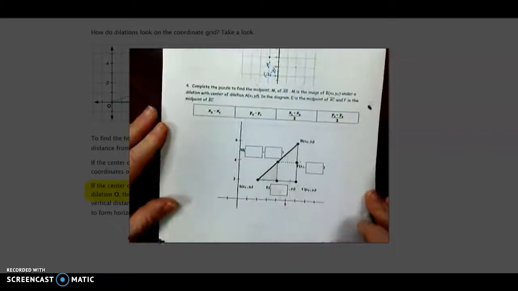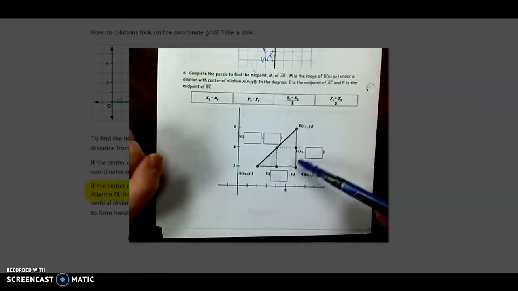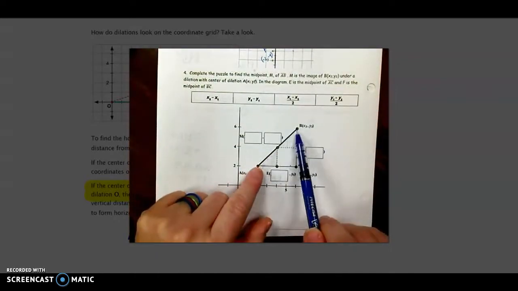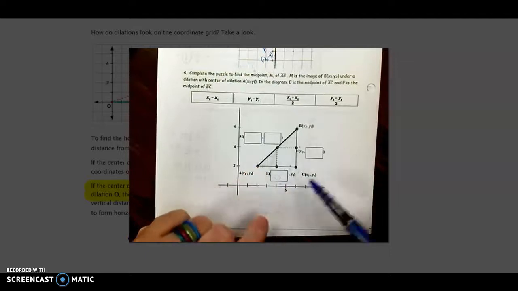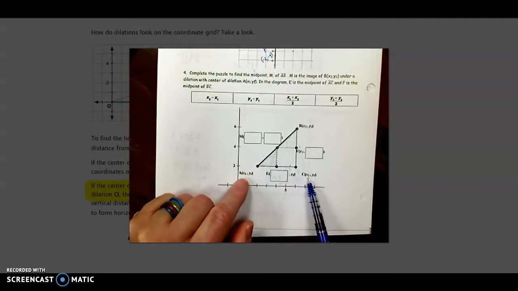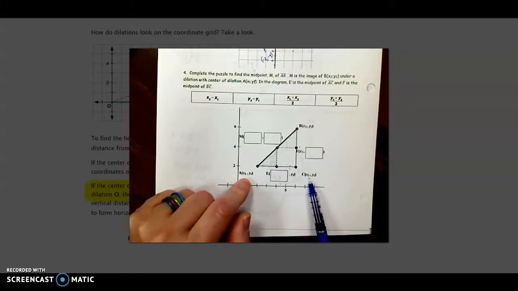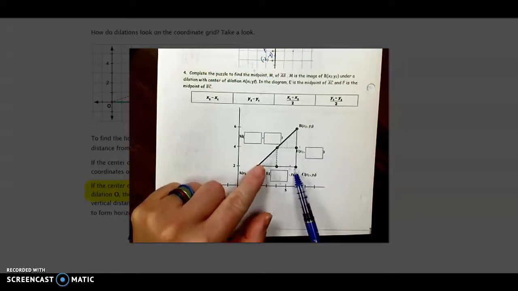Okay, so the last thing we want to look at is just a puzzle that finds the midpoint, which remember is the scale factor of 1/2. And so this is my midpoint of these 2 points, and so we're seeing where these values come up from. So if I look at the horizontal points here, A is at x1, y1, and C is at x2, y1. The y's are the same because they have the same vertical distance.